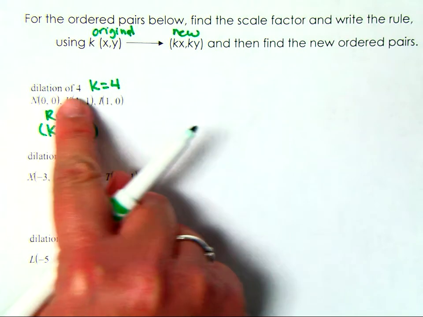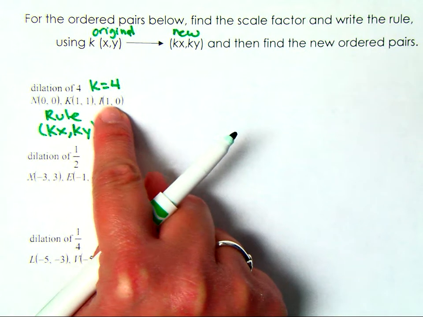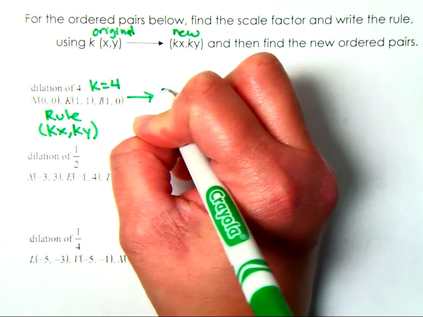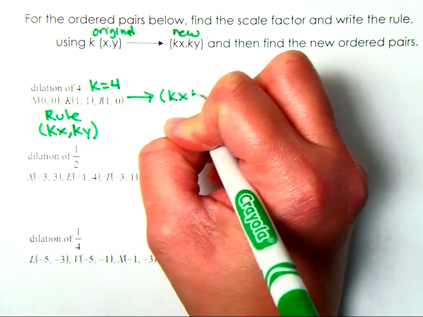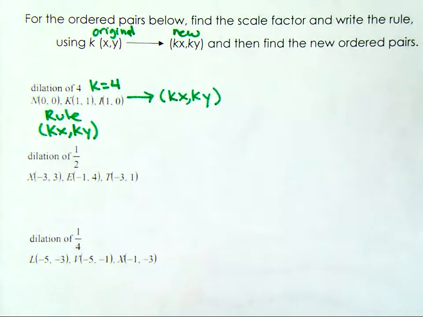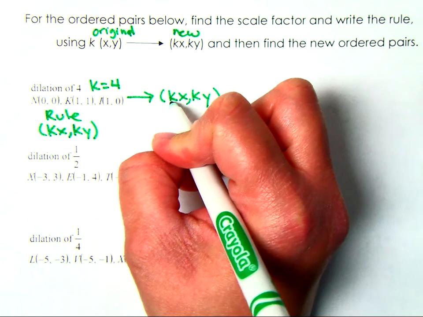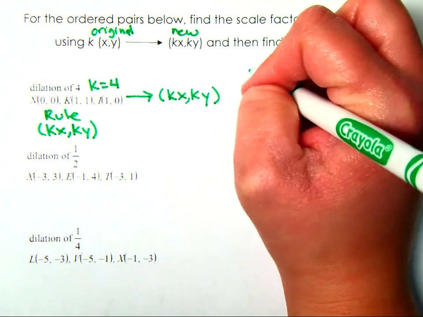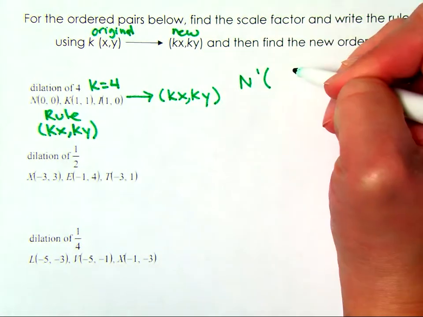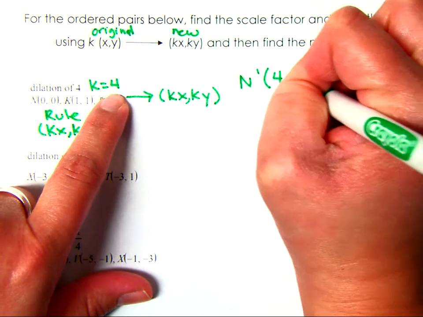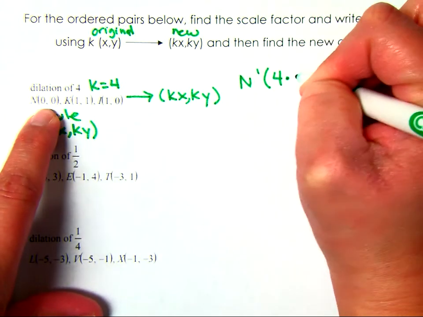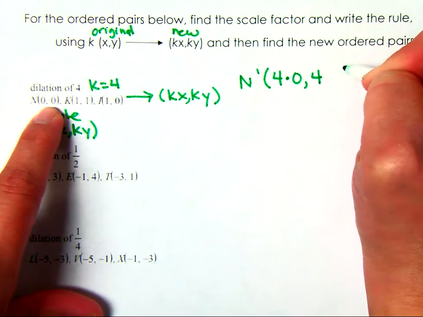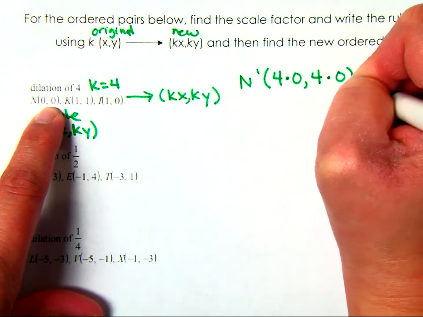N, K, and I are my original ordered pairs. To go to my new ordered pairs, I'm going to use KX and KY. The K is my dilation. So for N prime, the K is 4, and we multiply it by its original X, which is 0, and my original Y is 0.